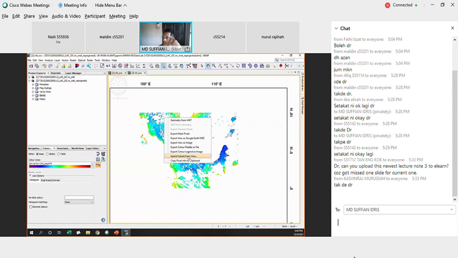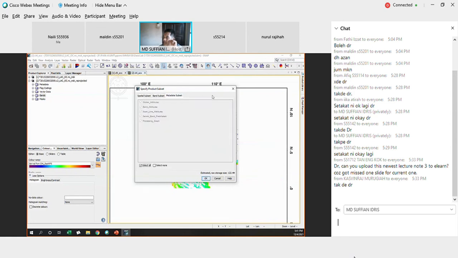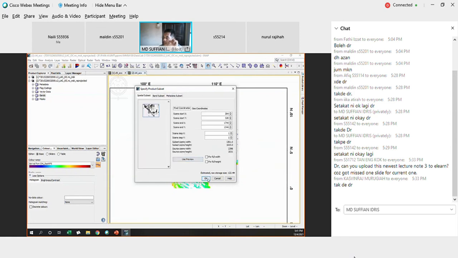Okay, spatial subset from view, dan dia akan keluar inilah specify product subset dan sebagainya, and then you klik kat bawah ni use preview, and then you boleh fitkan dia, to include only region of interest you lah. Okay, fitkan dia, and then you pilih okay je. Band subset ini you tinggalkan, dia default, dia akan pilih semua, and then pilih okay.